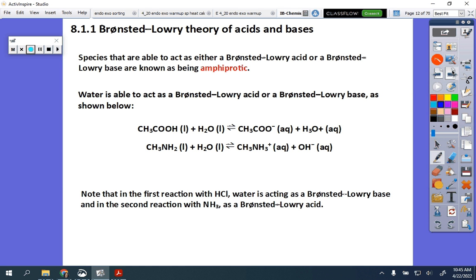You need to be able to look at that hydrogen carbonate, that bicarbonate ion, and realize that it could both gain a proton and lose a proton. But that specific one isn't necessarily going to be tested.